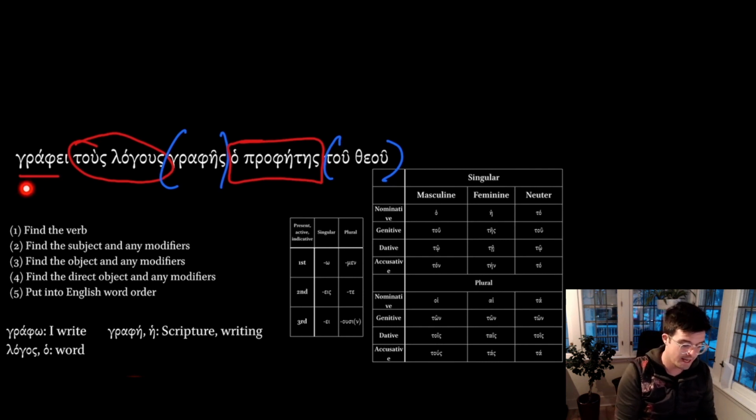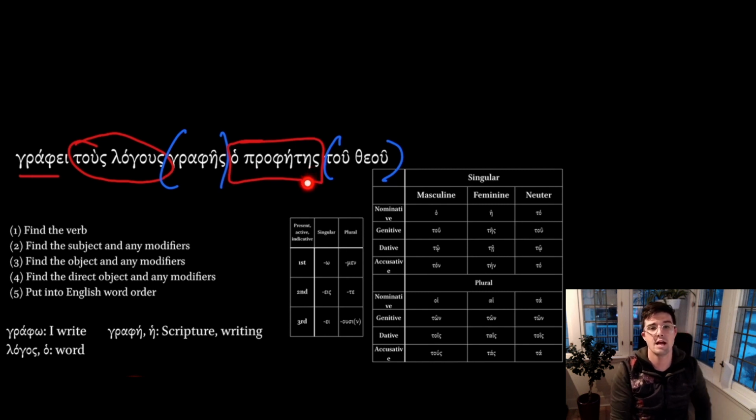So our verb is the first word in the sentence. Graphe, in this case, a present tense, not graps a, graph a. So he, she, or it writes. And our subject in the nominative case is over here towards the end of the sentence. Ha prophetes. And in this case, the definite article doesn't share the same ending as the noun itself.